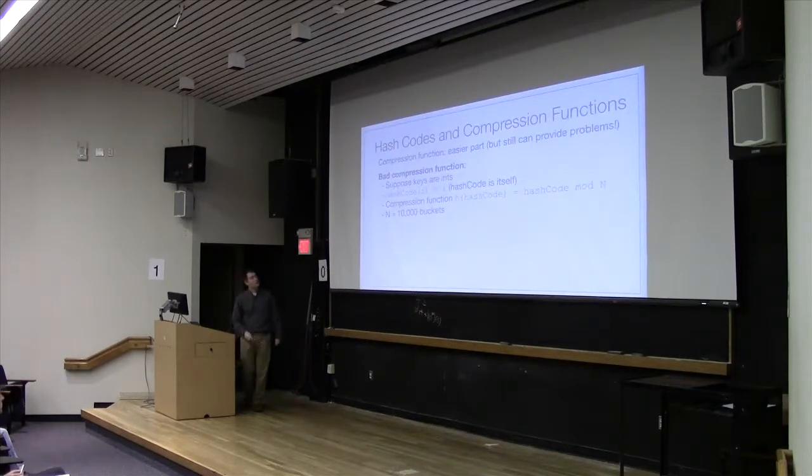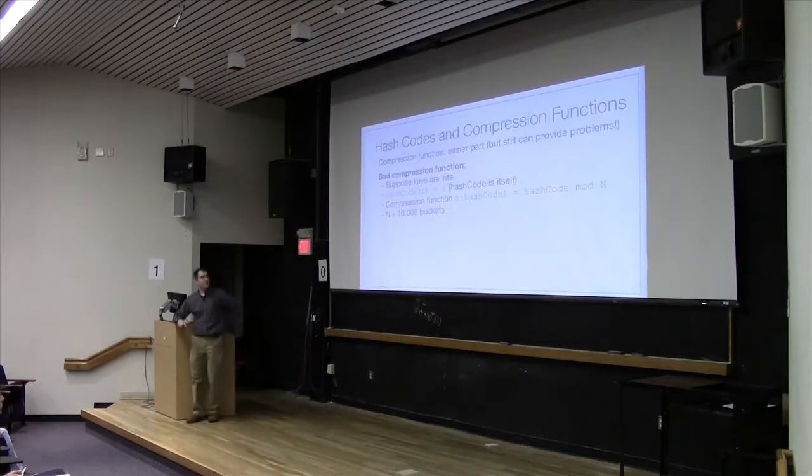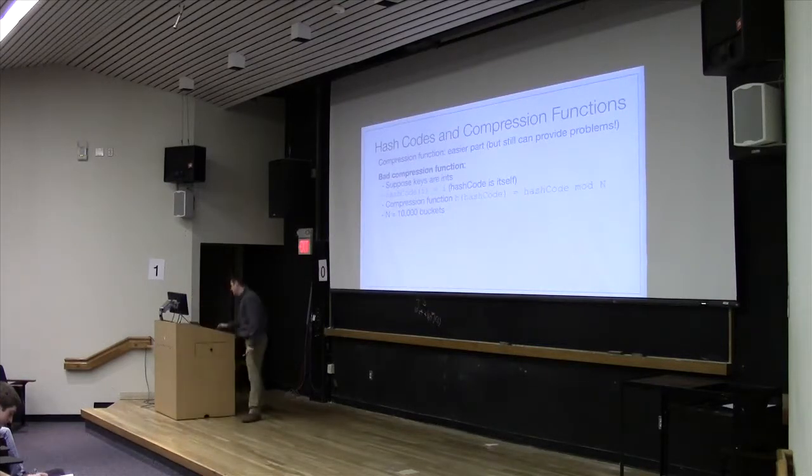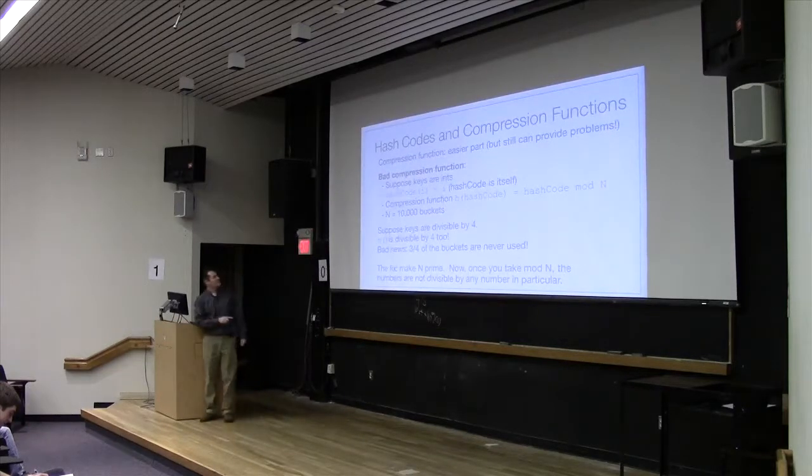So what are some good compression functions, or what are some good hash functions that we're going to use? Well, a bad compression function would be, let's say the keys are all integers, and the hash code was the integer itself, and the compression function was the hash mod n, in this case 10,000 buckets.